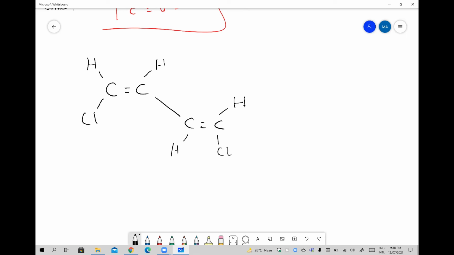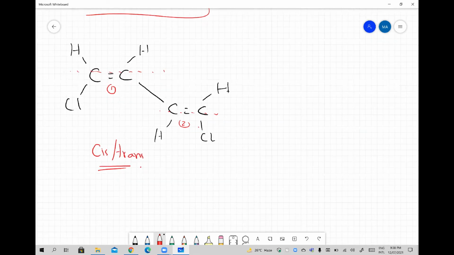If you notice, now the first double bond here, the first part where there's a double bond, the hydrogens are on the same side, whereas on the same compound, the second part, the second double bond, the hydrogens are on different sides. So this is known as a cis trans compound.